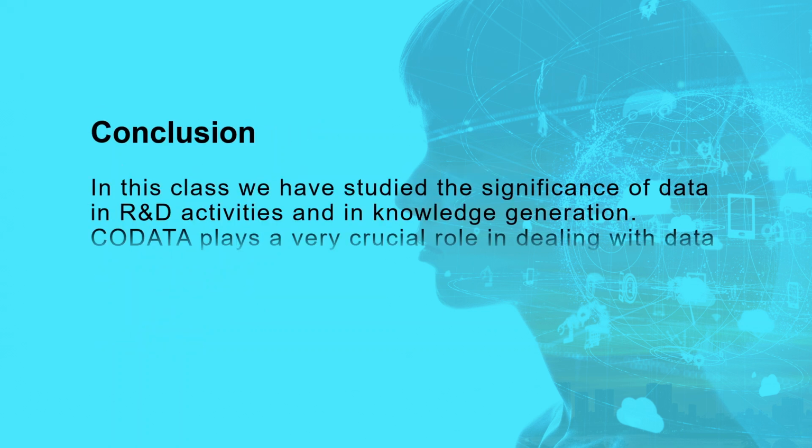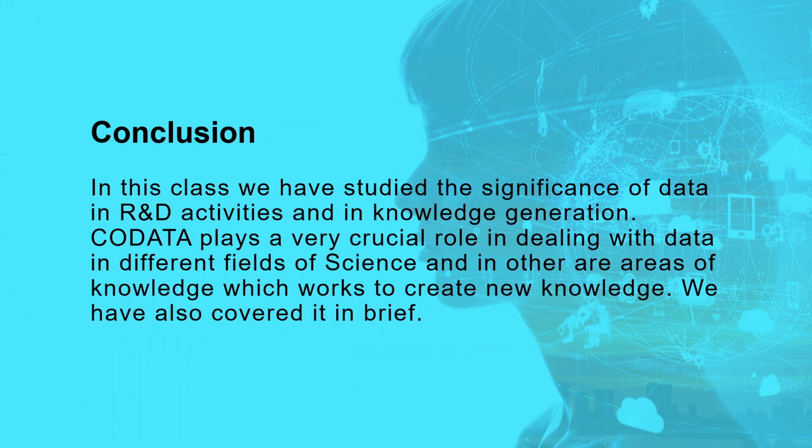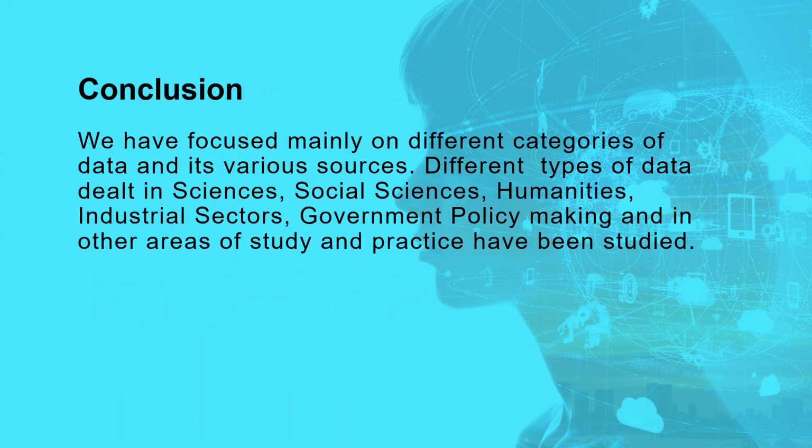Now, in this class, we have studied the significance of data in research and development, their different types and sources. Core data plays a very crucial role in dealing with data in different fields of science and in other areas of knowledge, which works to create new knowledge. We have focused mainly on different categories of data and its various sources.